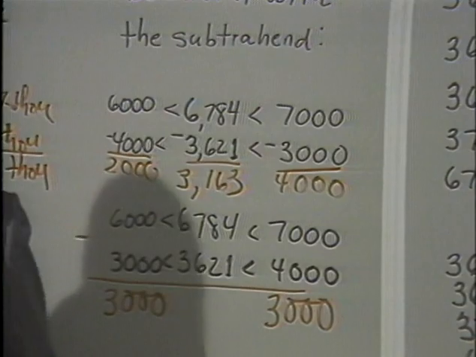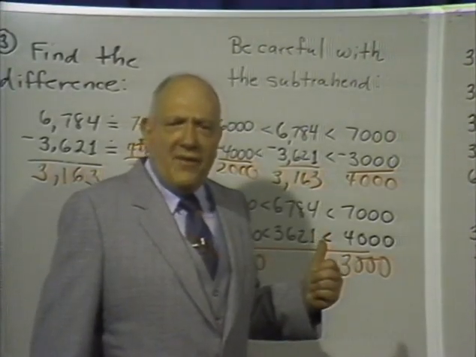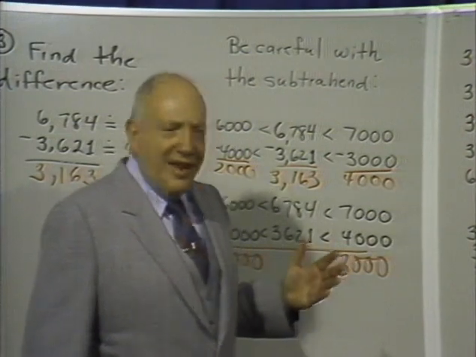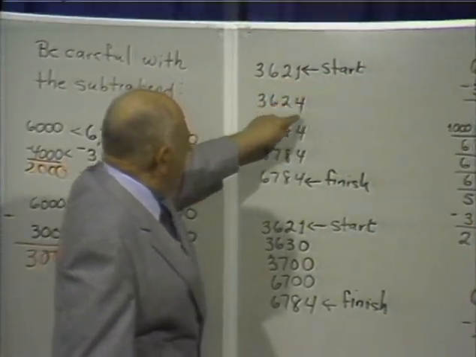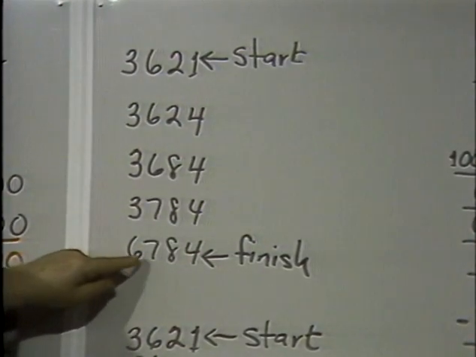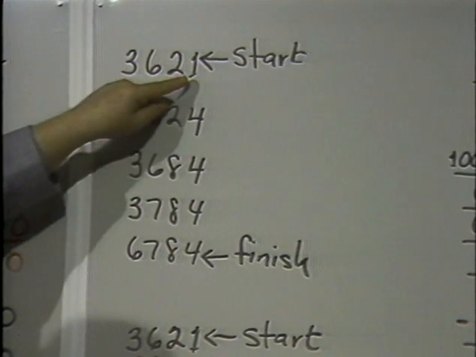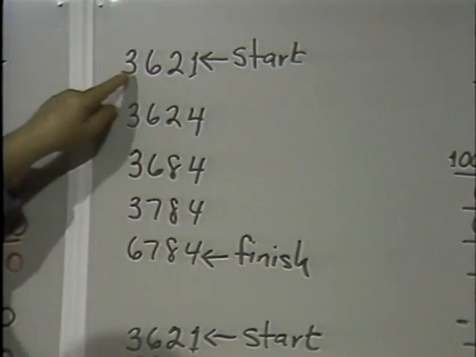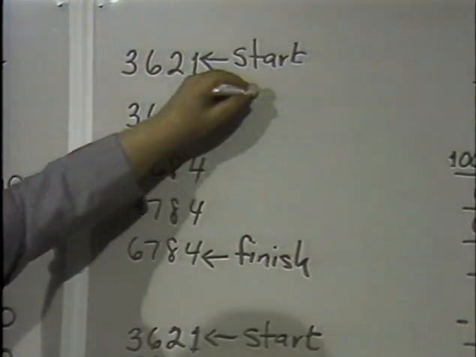I can use change-making here the same way as I did with the $5 and the $2.68. I'm starting with 3,621, and I want to finish with 6,784. There's lots of ways of doing this. For example, to get the 4 over here, I go from 3,621 to 3,624. In other words, I add a 3 on here.